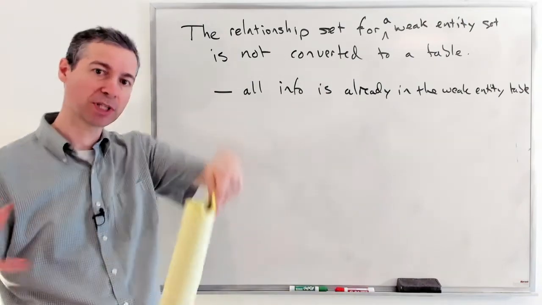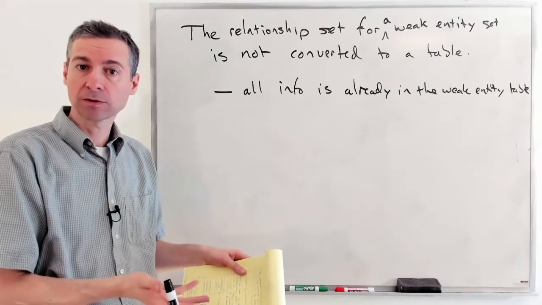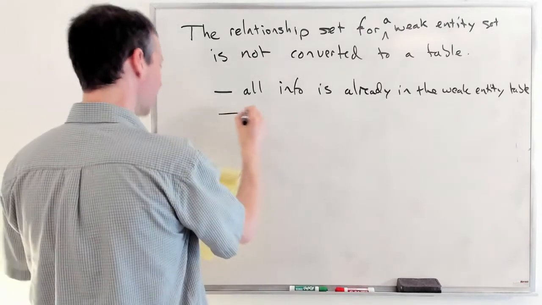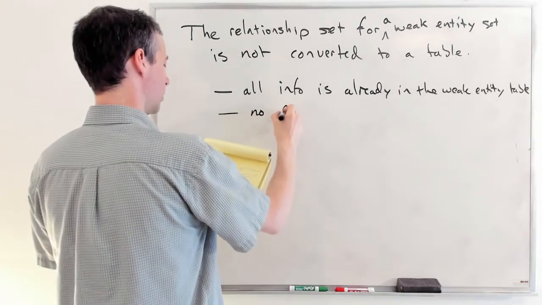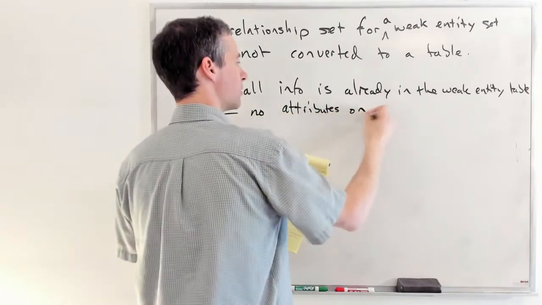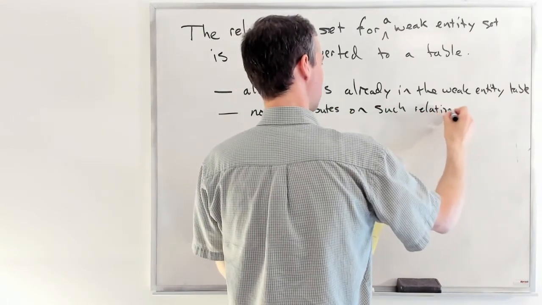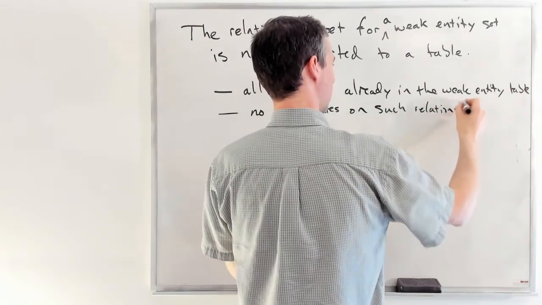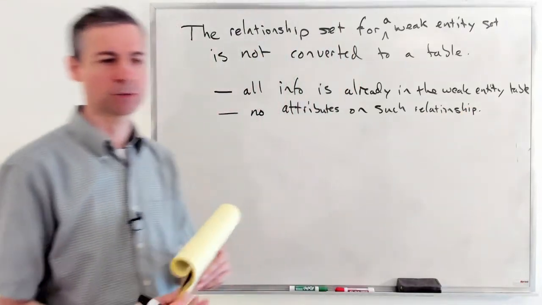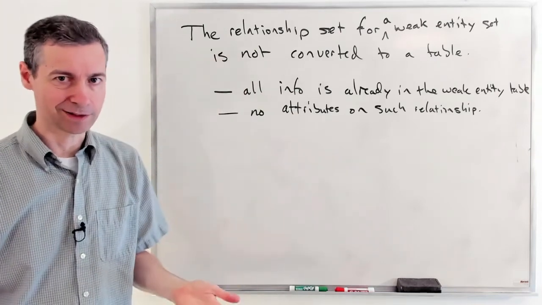It's captured in there, so we don't actually need a table for that relationship set. Likewise, there are no attributes on such relationships. If you attached an attribute to such a relationship, that doesn't make sense; you would just stick it in the weak entity set.